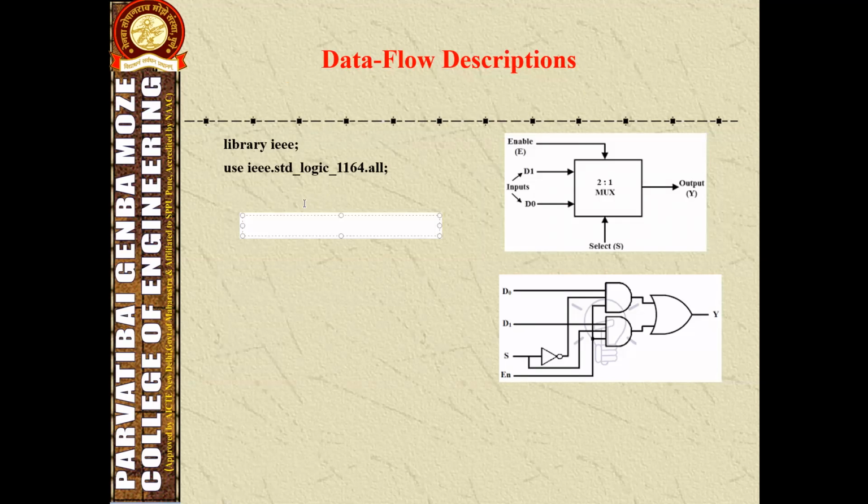Let's see with a small example exactly how the data flow description takes place. First, start with the entity.